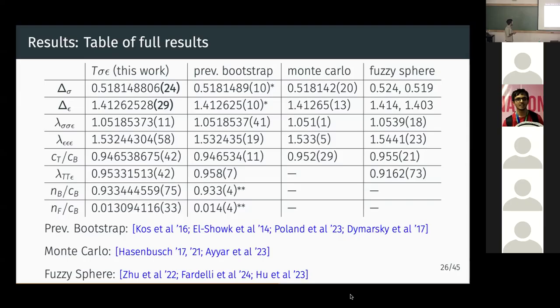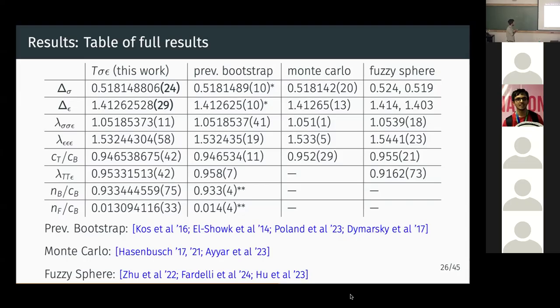So we're able to determine it to a significant number of digits, which is consistent with the 5-point bootstrap result from before, but has some tension with the fuzzy sphere results that people got for that. And then finally, we have these NB and NF, which we discussed earlier. And this is the first ever determination of these NB, NF for the 3D Ising CFT.